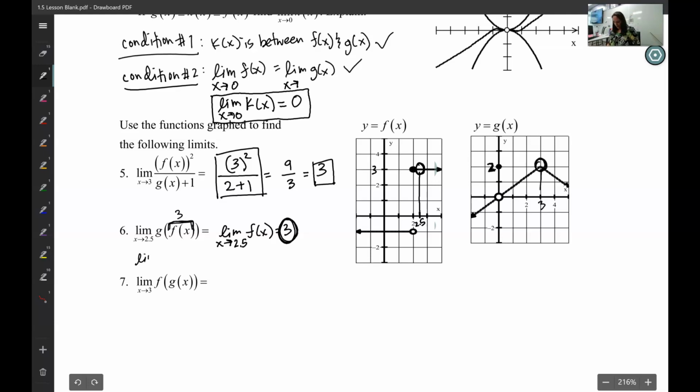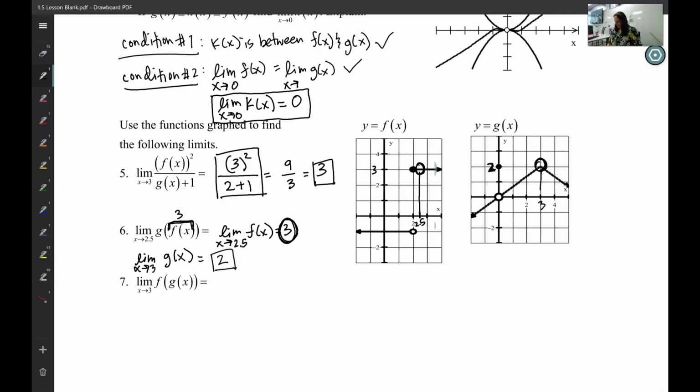So now I want to find the limit as x goes to g of 3, because I'm plugging 3 in for f of x. Or I could write it as the limit as x goes to 3 of g of x. That one is 2.